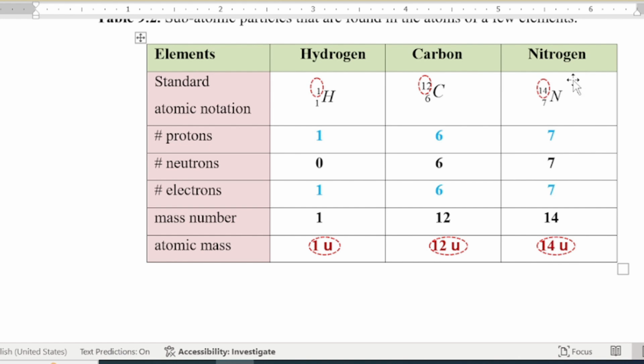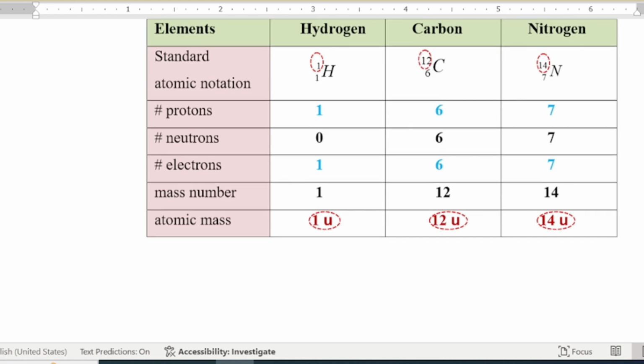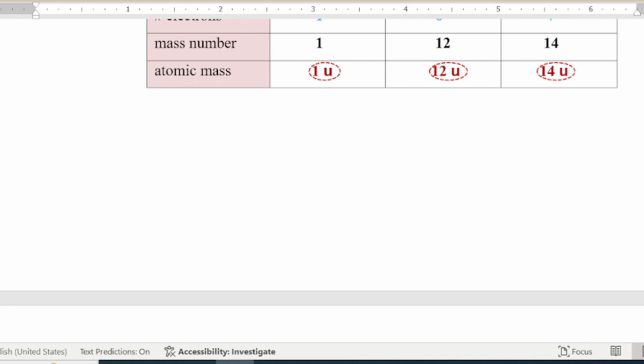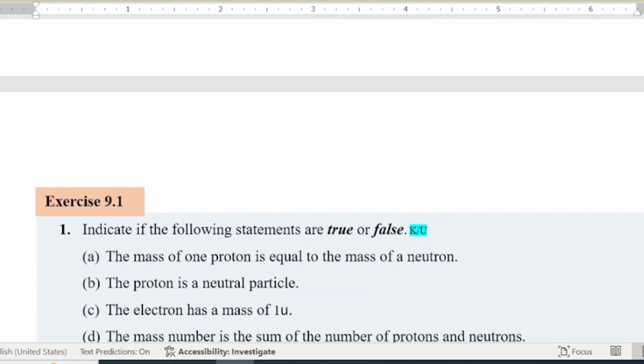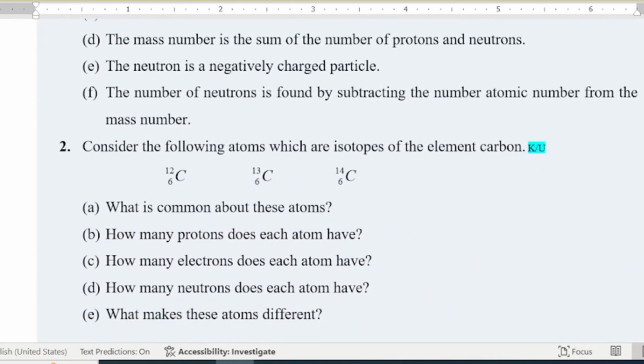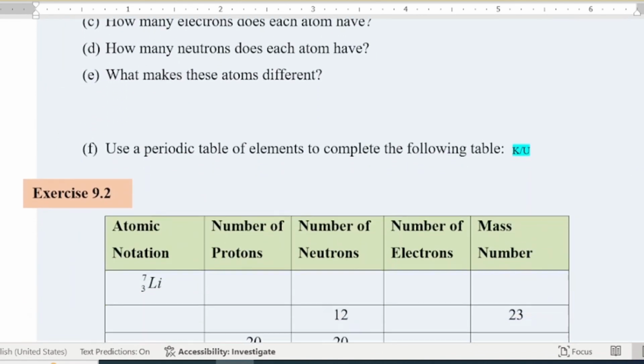Mind you, we're using one of the isotopes of these. In this case, we're using carbon 12, nitrogen 14, and hydrogen 1. These are different isotopes. You have carbon 12, carbon 13, carbon 14, and so on. The other elements too. So that's showing you how you change mass number to atomic mass. There are some questions here based on what you see here.